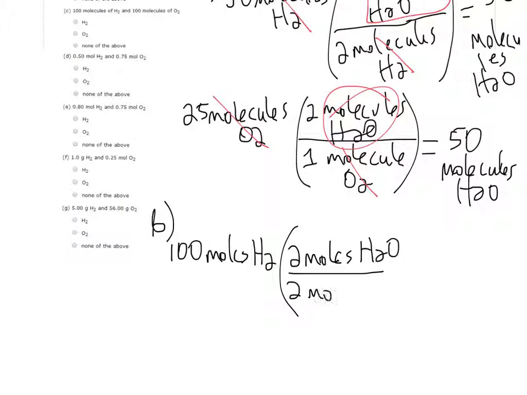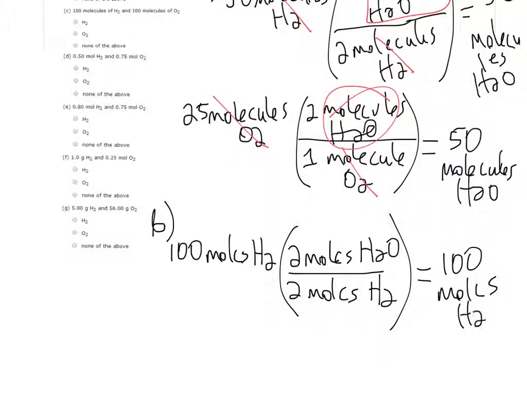Since there's coefficients of 2 in front of both H2 and H2O, if all of the hydrogen reacts away, then you'll have 100 molecules of H2O produced.